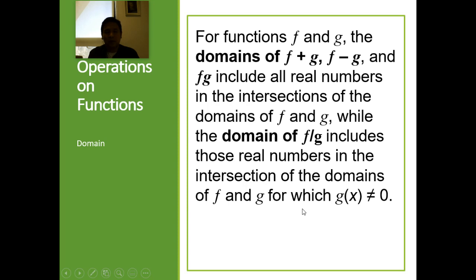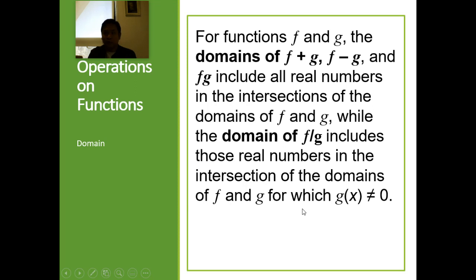So, again, as you'll see in the slide, just remember that for the domains of f and g, if there's a sum, a difference, or a product, the domain of the result will be the intersection of the domains of the functions f and g originally.